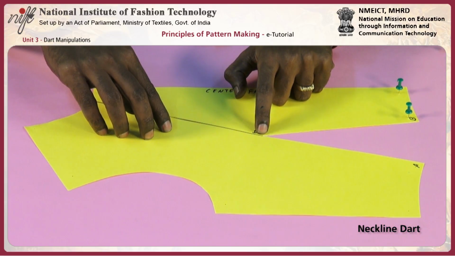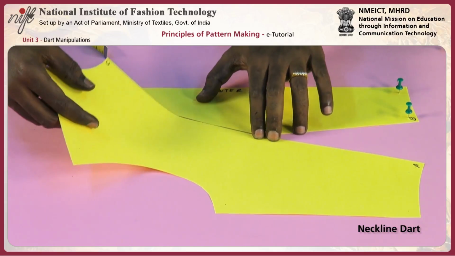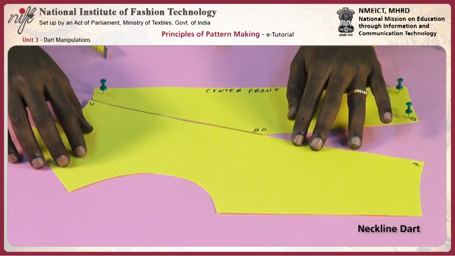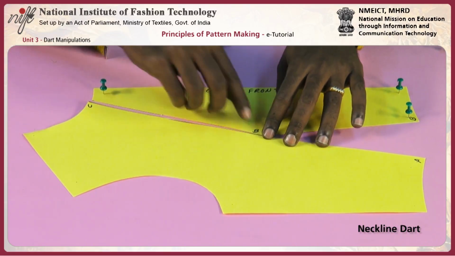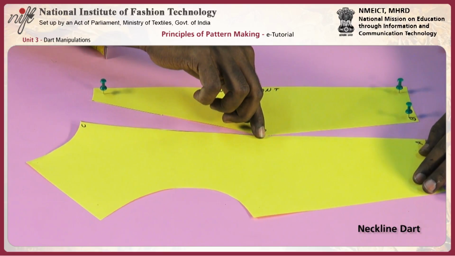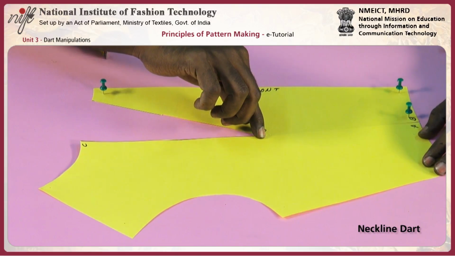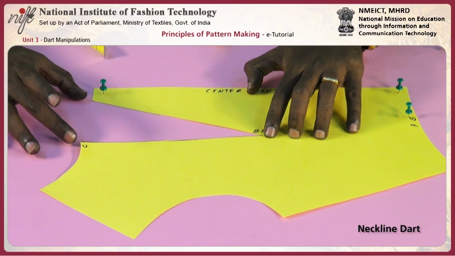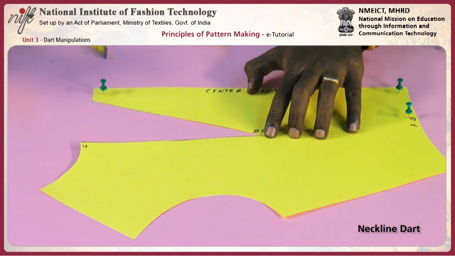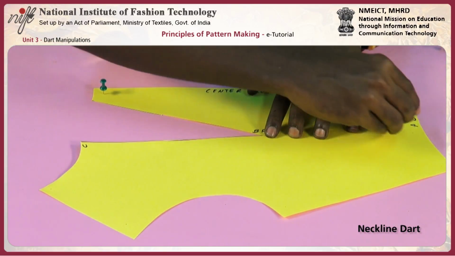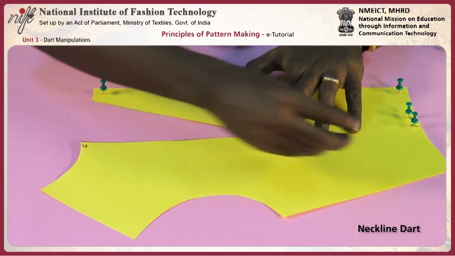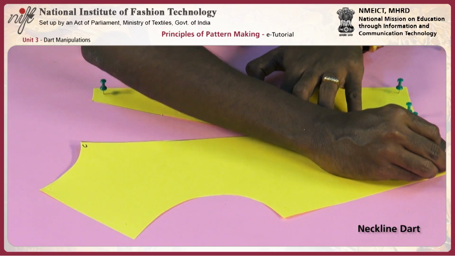Pivot at the bust point. Then close A to B, so that C will open and make neckline dot. Pin it securely.